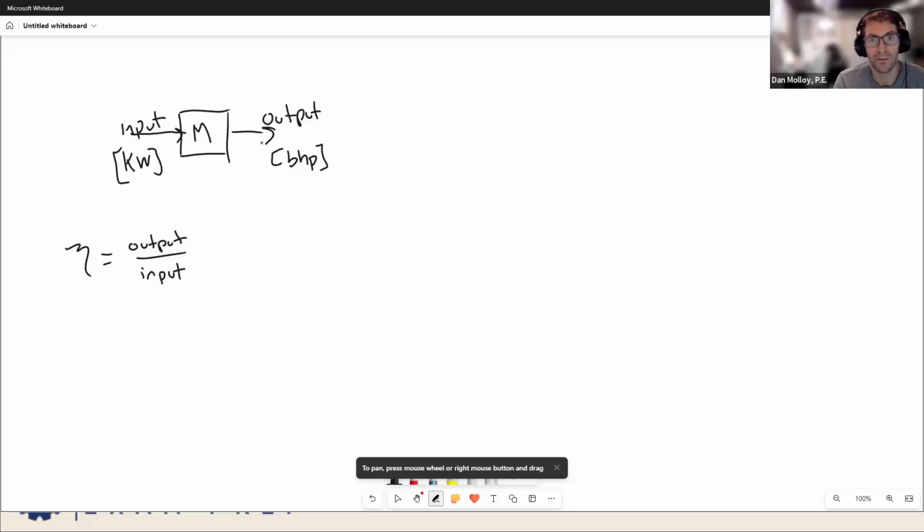So if only the motor is in the conditioned space, but the driven equipment is not, let's imagine this motor is driving, I don't know, pumps or something, but they're outside the space. Then all you have is a room with a motor in it. And the only cooling that you need to do is the cooling that's necessary to address the losses. So the difference between the input and the output, that represents heat that's going to go into that room that then needs to be removed.